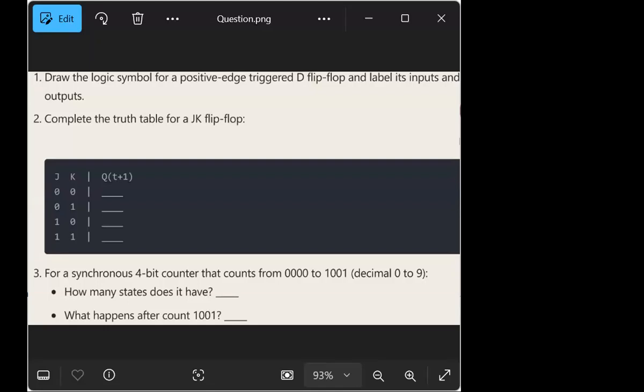It's a link to a form, and the form will serve dual purpose. First of all, it will capture your attendance for this class, and at the same time, it will give you an opportunity to upload your answer to the question. Okay? So I'm sharing that right away.